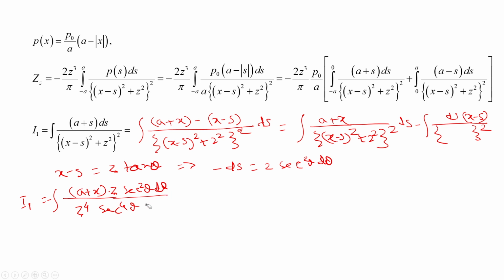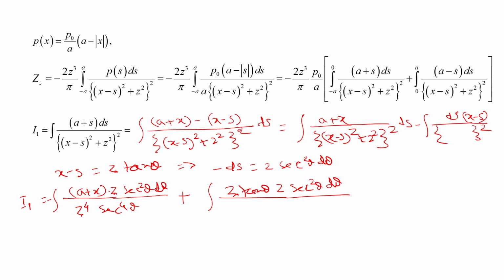So like that, and the other term, minus here, and d s is minus this, so it should be plus here, and this is x minus s. So x minus s I can also substitute as z tan theta here, and d s is minus z sec square theta.